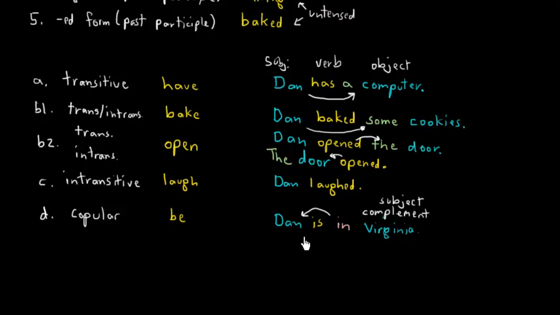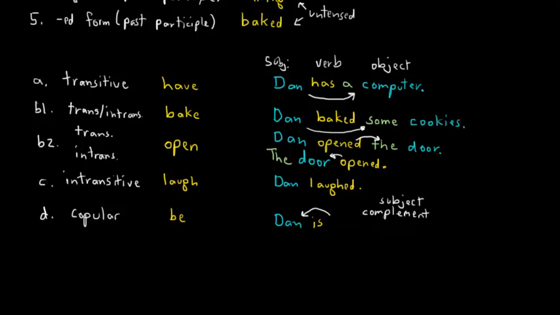This is helping complete our picture of Dan. You know, he's not in Zimbabwe. He's not in Cambodia. He's in Virginia. Let's get rid of the prepositional phrase. And let's put in an adjective phrase.